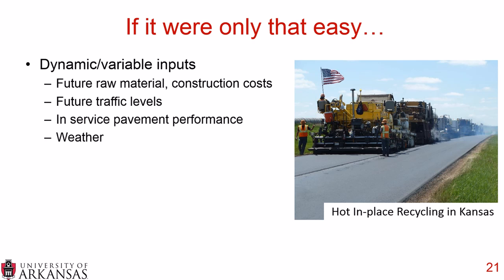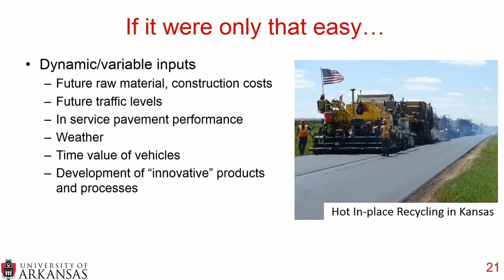How will the in-service pavement actually perform over time? Will there be any significant weather events during that time? Will the time value of vehicles change over time? So they may be worth something today, but will they change 20 years from now? What sort of innovative products and processes will be developed that may reduce costs in the future?